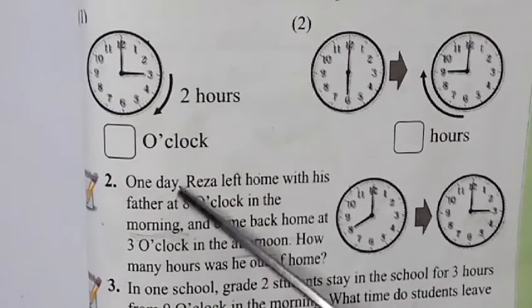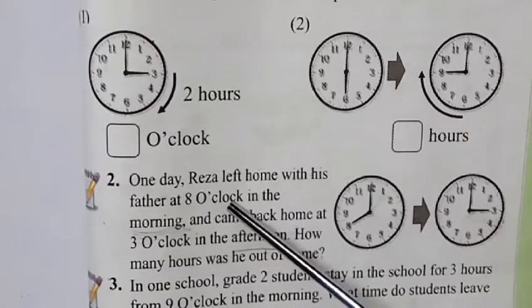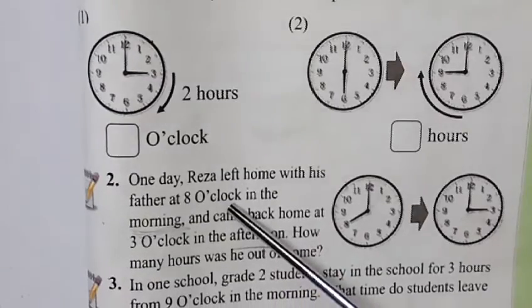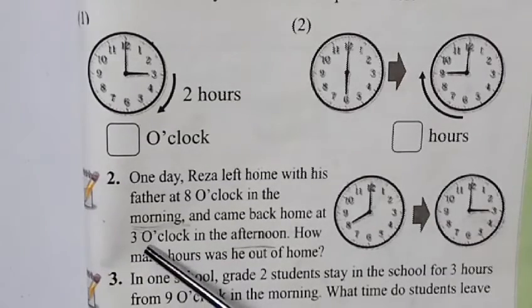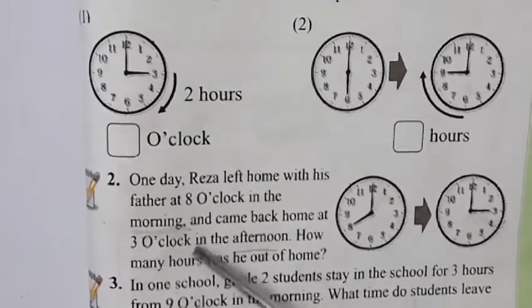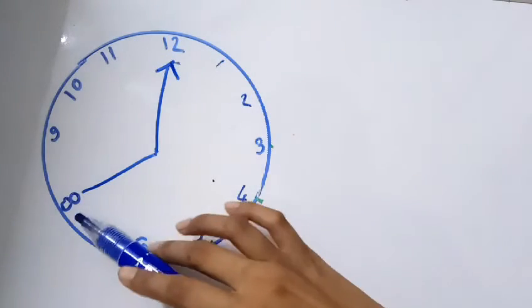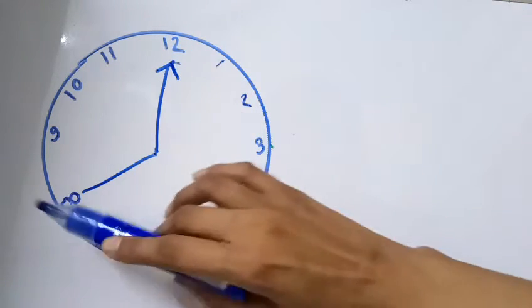So Reza left home 8 o'clock and came back 3 o'clock. Morning 8 o'clock to afternoon 3 o'clock.